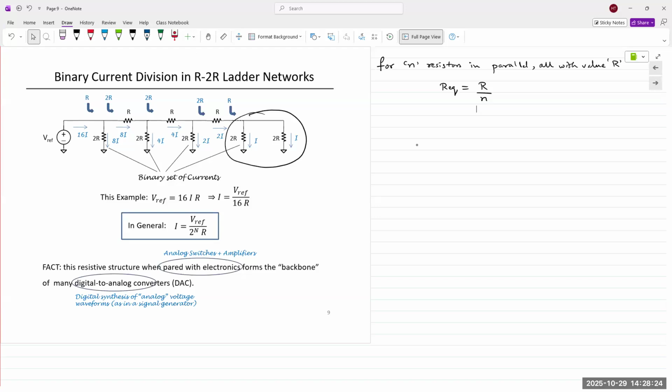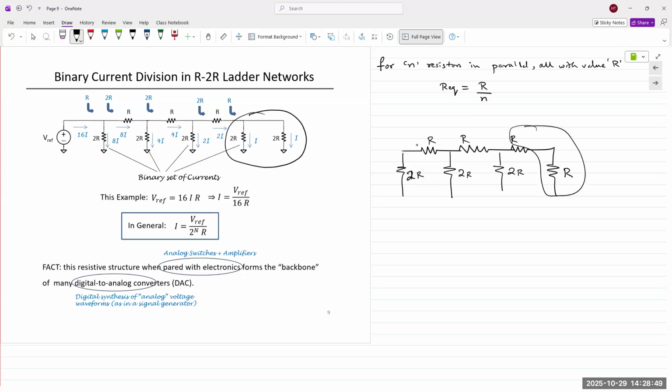We can obtain one single resistor R. And this R is then in series with this, right?